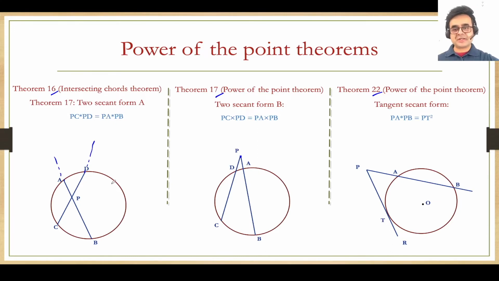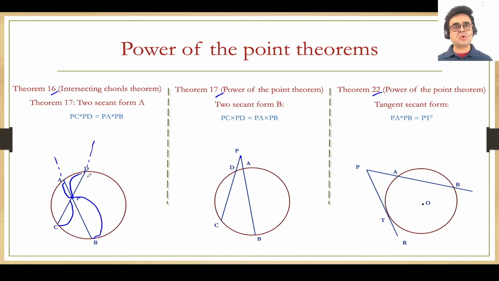What it says is, if you have two chords AB and CD which intersect internally at a point P, now remember, not all chords intersect inside a circle, so these two chords happen to intersect inside the circle. The theorem says that if you take the measurements from the point of intersection, PA multiplied by PB will equal PC multiplied by PD, no matter where the chords intersect inside the circle.